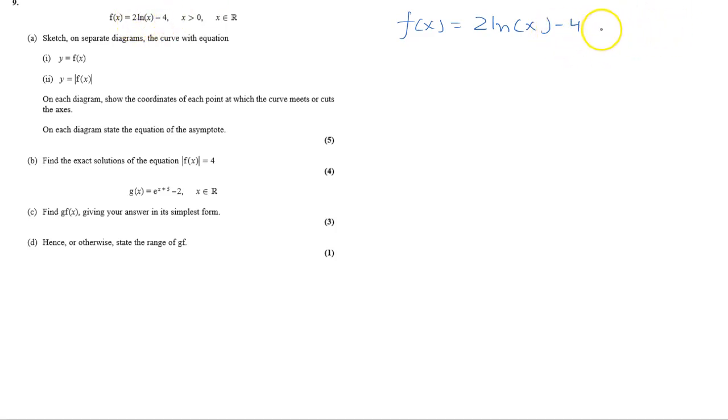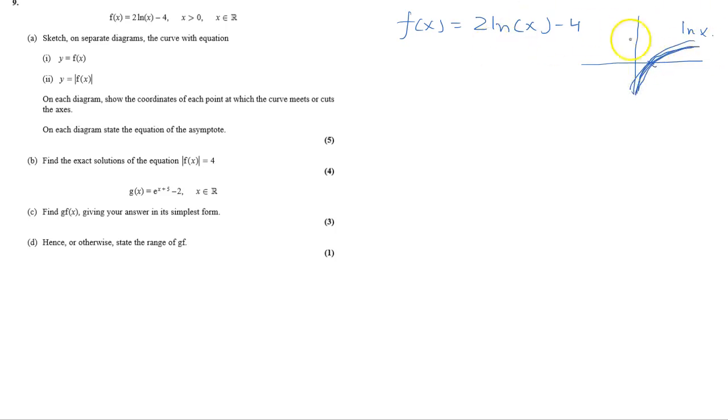So the graph is like this. This is minus 4. The graph will be this.